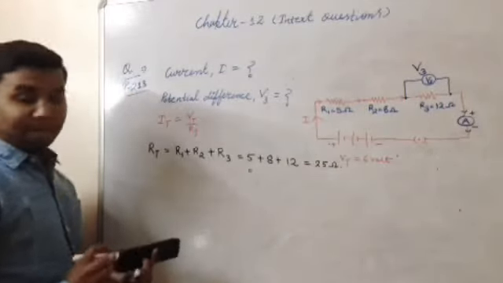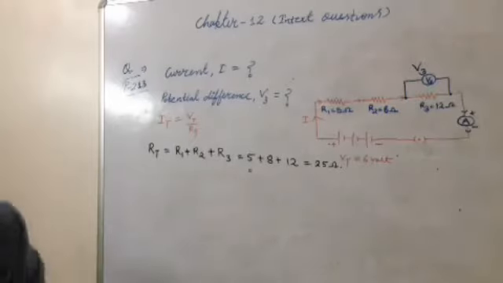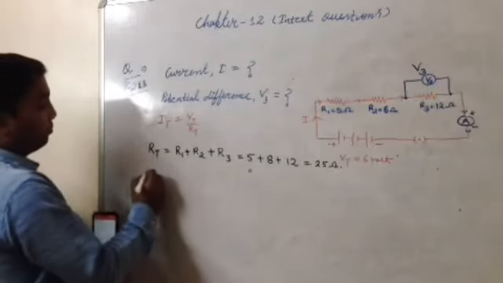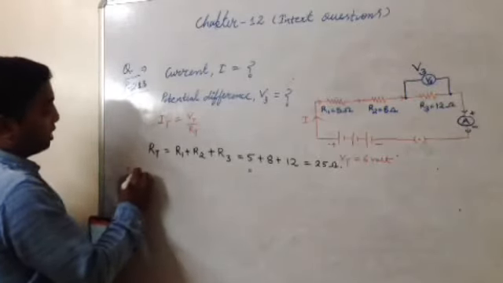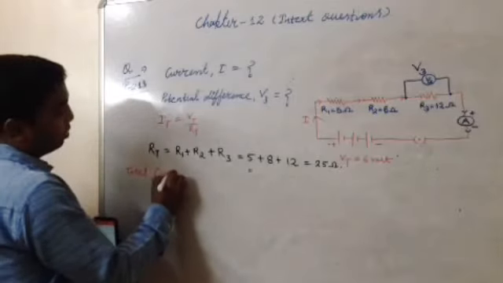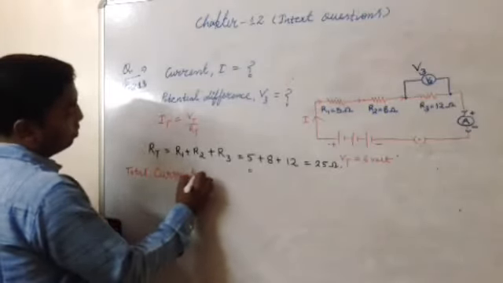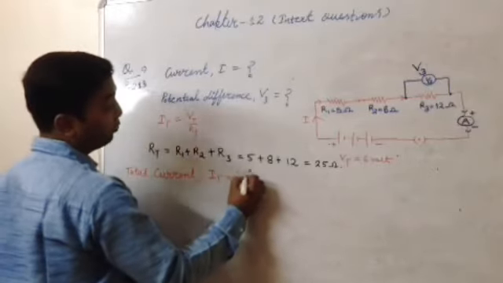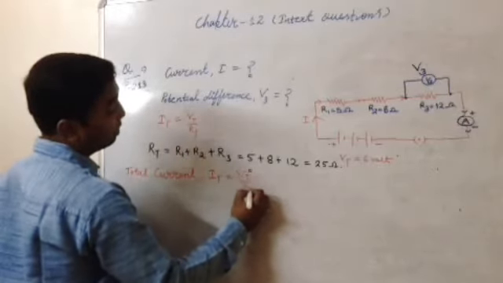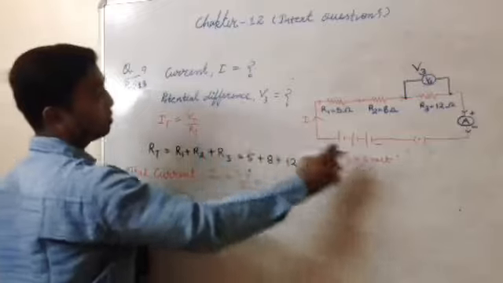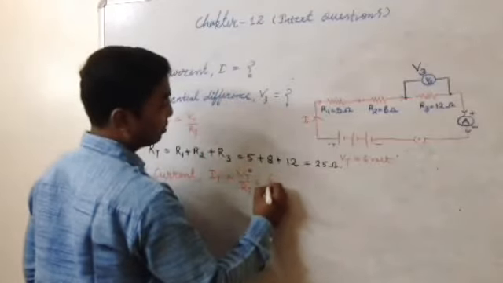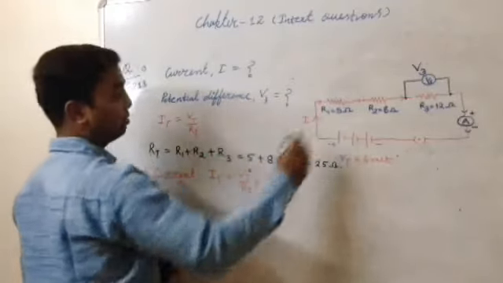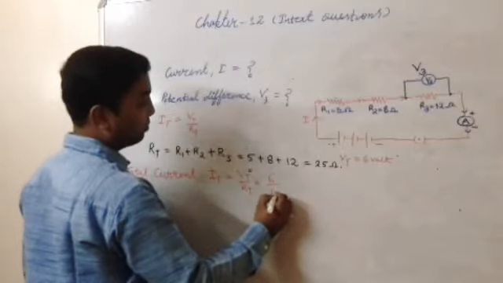Now we can easily calculate the current. The total current IT would become, by the formula, VT upon RT. Let's put the value of VT, 6, upon RT, which is 25.